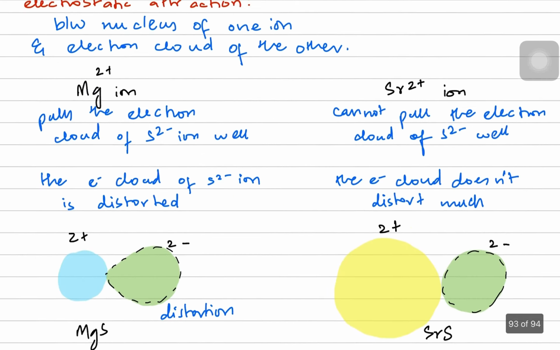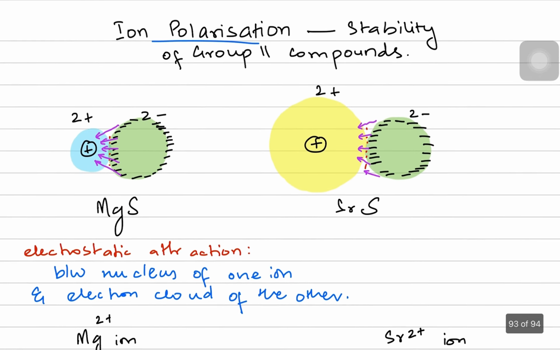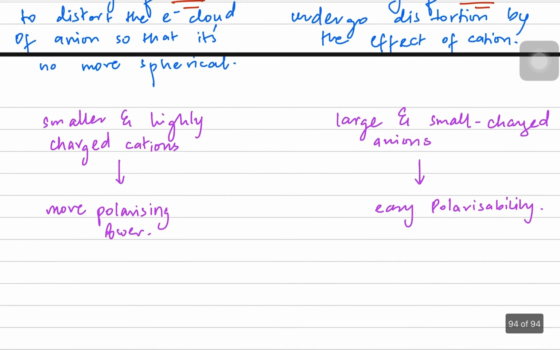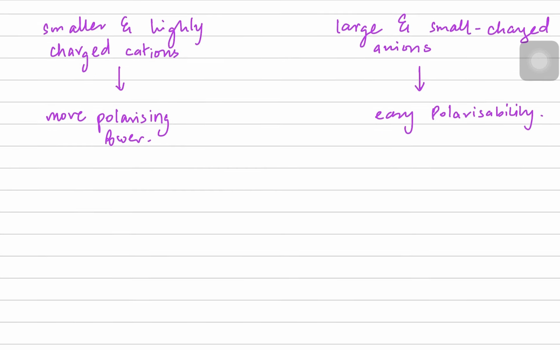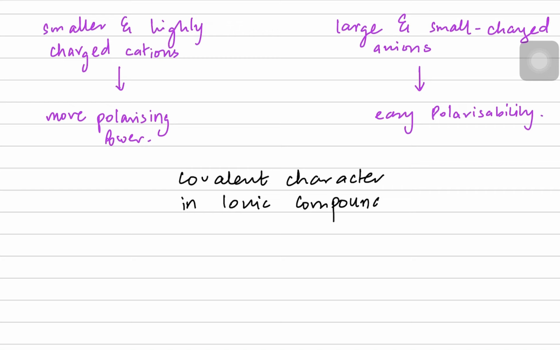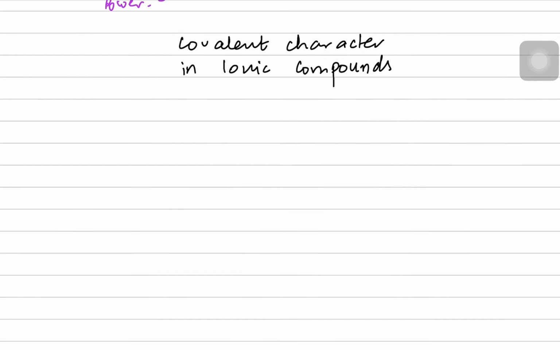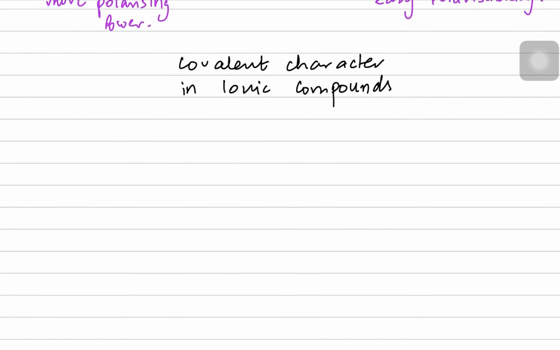So we can use this idea of polarizing power and polarizability to establish a very important concept. Let me show you that concept. It is related to covalent character in ionic compounds. Let me give you an example.